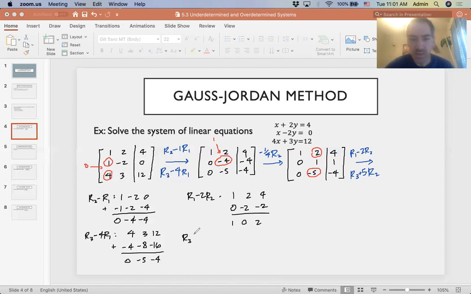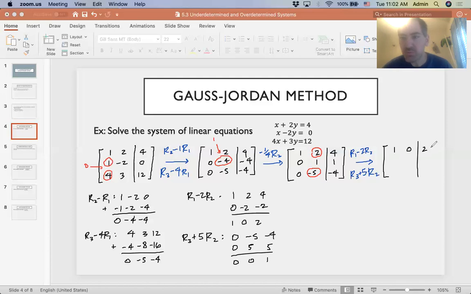And row 3 plus 5 times row 2. 5 times row 2 is 0, 5, 5. So we have 1, 0, 2, 0, 1, 1, and 0, 0, 1.